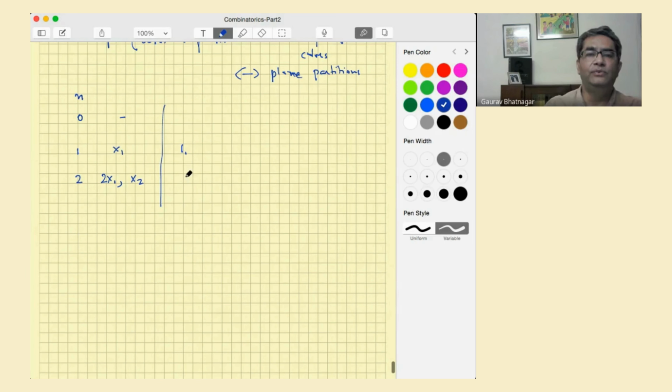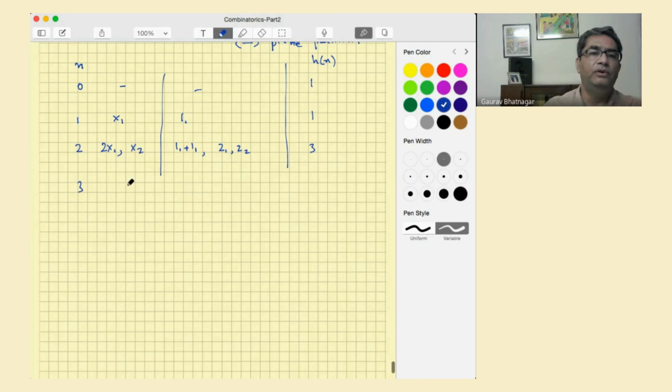So for 2x1, there's only one possibility, but x2 has two possibilities. So there are two copies of 2. So let me just count h of n here. This is 1, this is 1, and now we have 3.